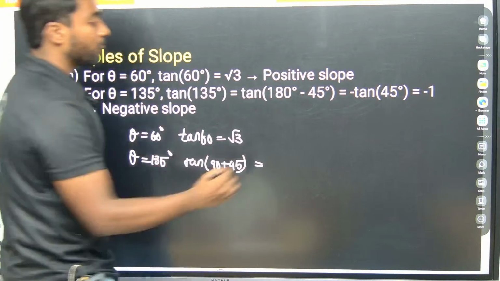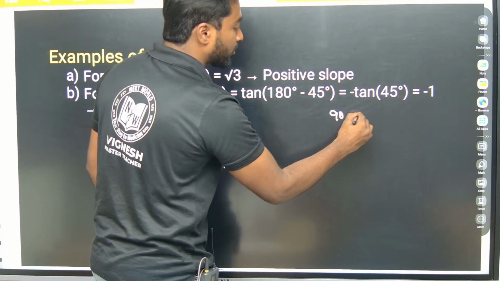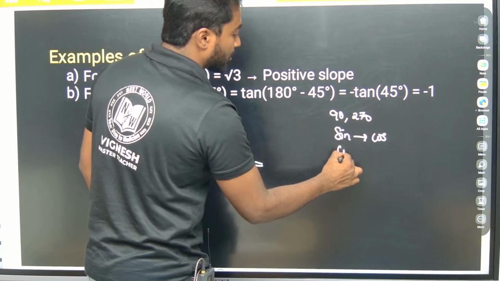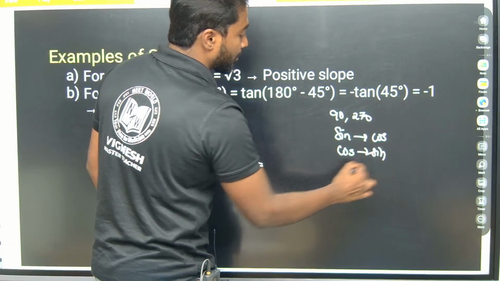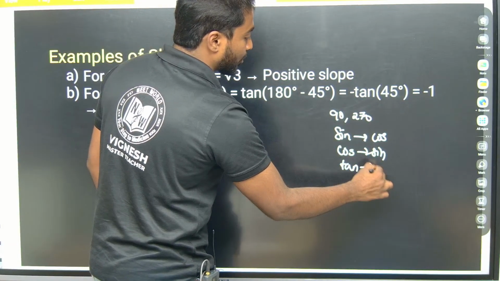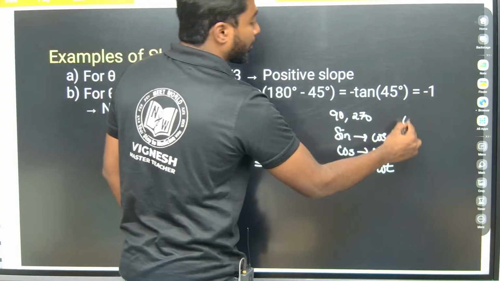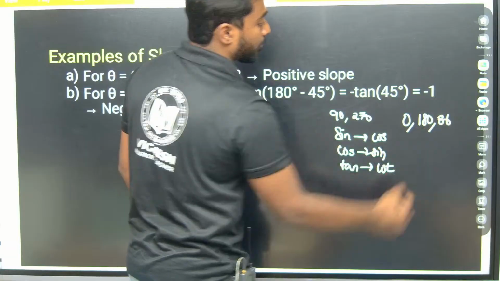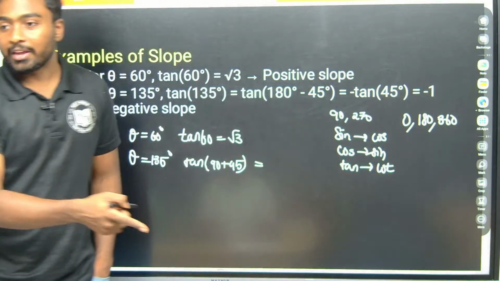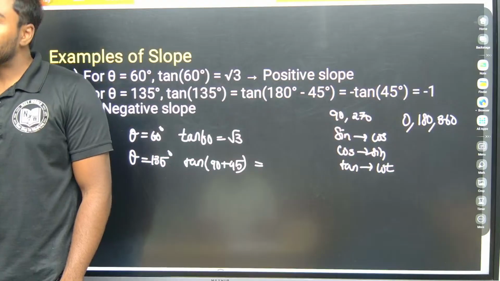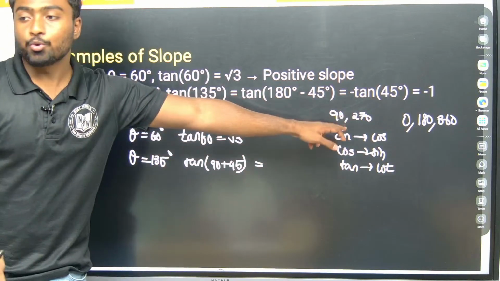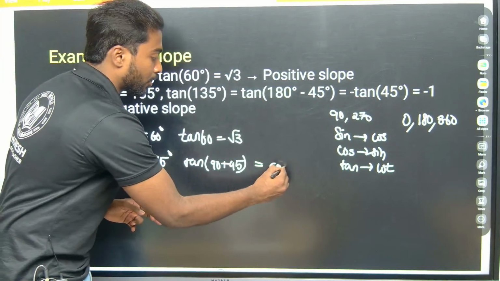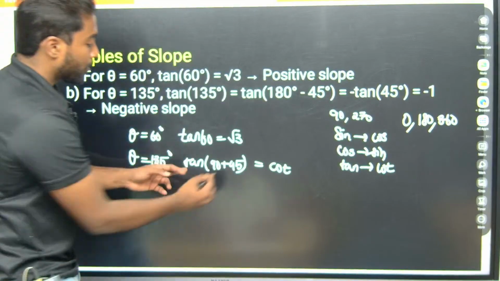Keep in mind, whenever you get 90 or 270, sin should be changed to cos, cos should be changed to sin, tan should be changed to cot. For the remaining 0, 180, 360, sin will be sin only, cos will be cos only, tan will be tan. Only these two cases, 90 or 270, tan should be changed to cot. What is the remaining thing?